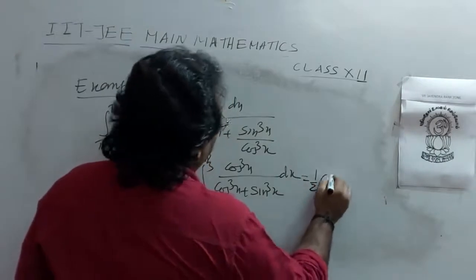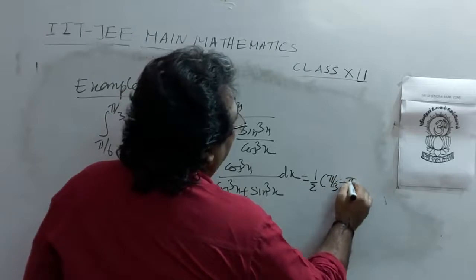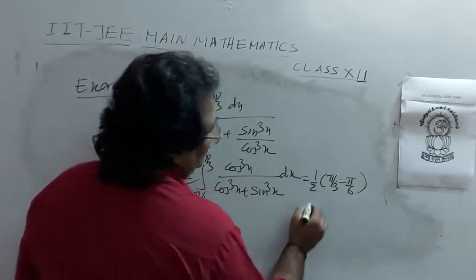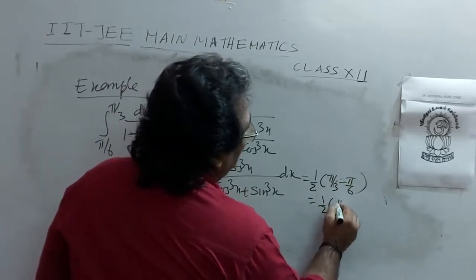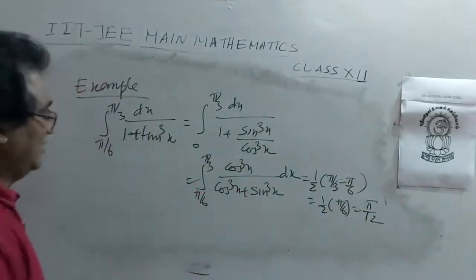1 by 2 into b minus a, pi by 3 minus pi by 6. 1 by 2 into pi by 6, that is pi by 12.